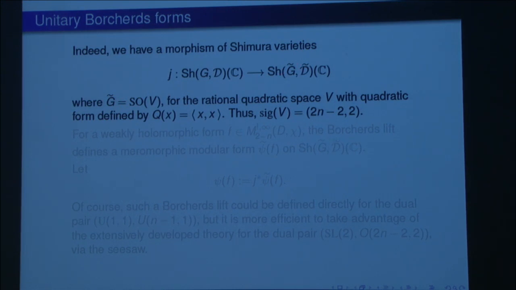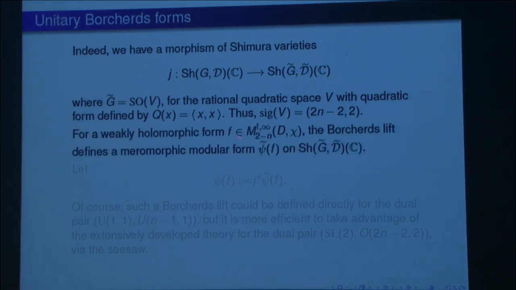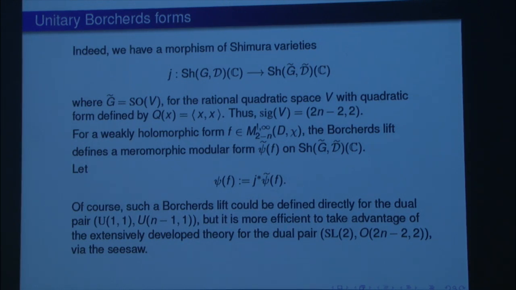And that means that for any one of these weakly holomorphic forms, as on the previous slide, we get, by Borcherds, literally, a meromorphic section of a certain line bundle on here, and then we can pull it back to the pullback of that line bundle on here, and we're going to use those forms to give our relations. As I said here in the slide, we could have done this directly using the dual pair and just redoing Borcherds' calculation, but why bother, right?